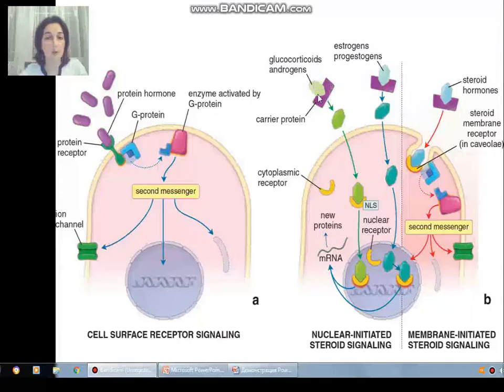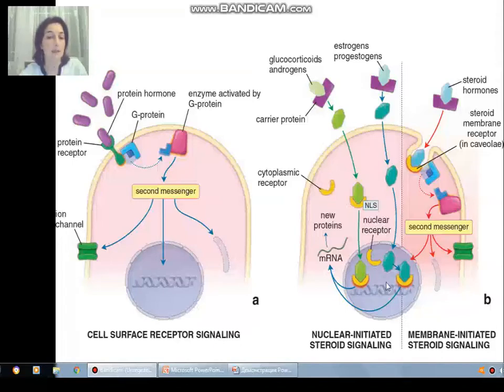They have to bind to carrier proteins. When they come to the target cell, they release from the carrier and pass through the cell membrane and enter the cell cytoplasm.